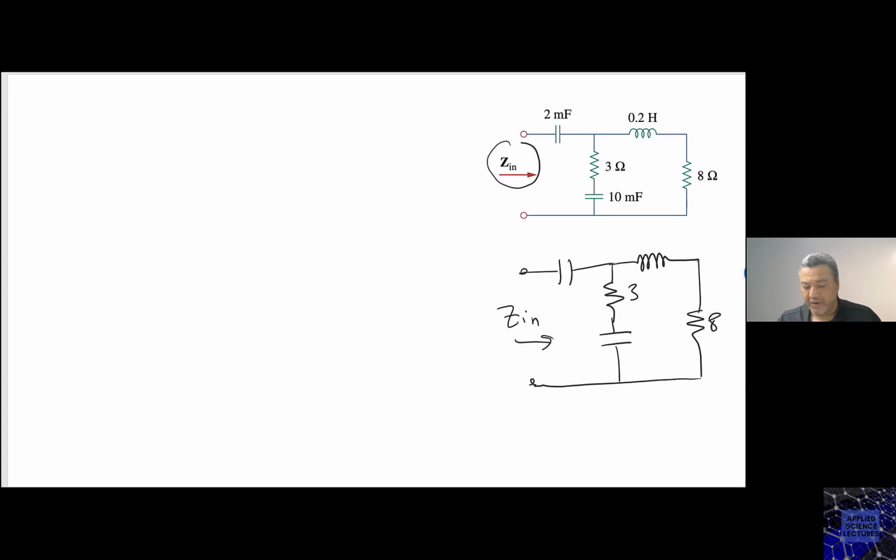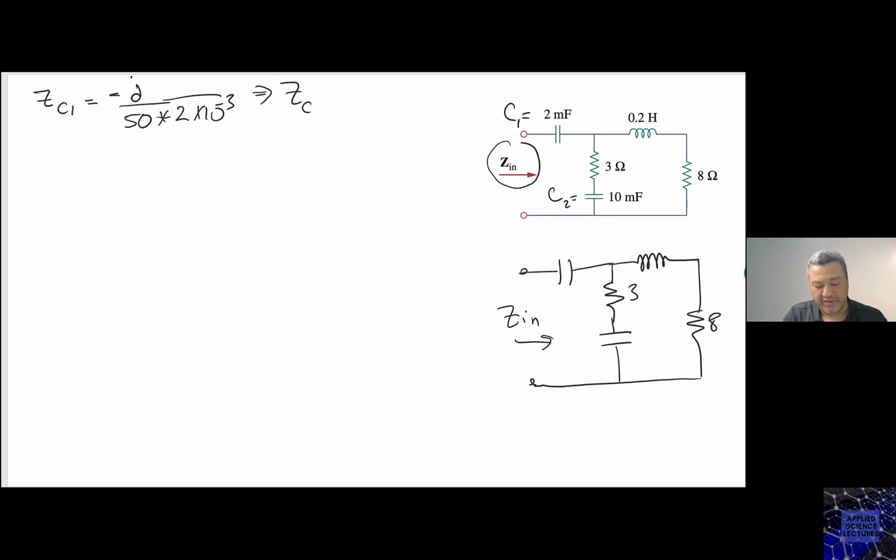If I am to call this one C1, just to distinguish between them, and this is C2, then I have ZC1 as minus j over omega C1. We said omega is 50, and C1 here is 2 milli, right?